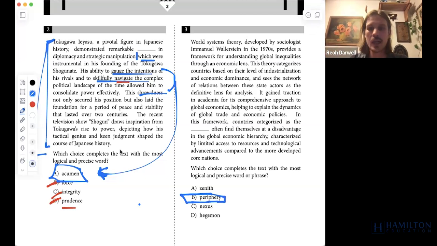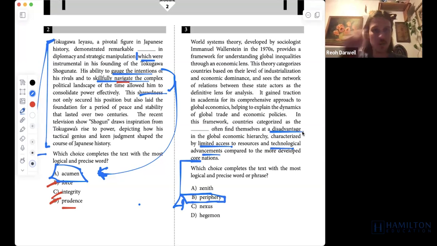So we have the opposite of core being periphery. That's a reason why we want periphery. And we also see limited access to resources and technological advancements, and at a disadvantage. When you're on the periphery, it means you're on the outside, right? So you're outside of these things.